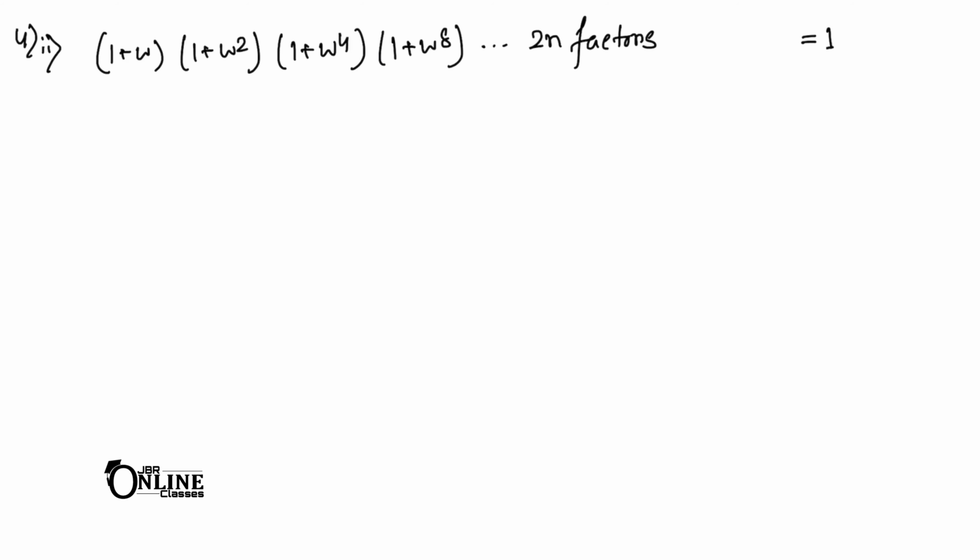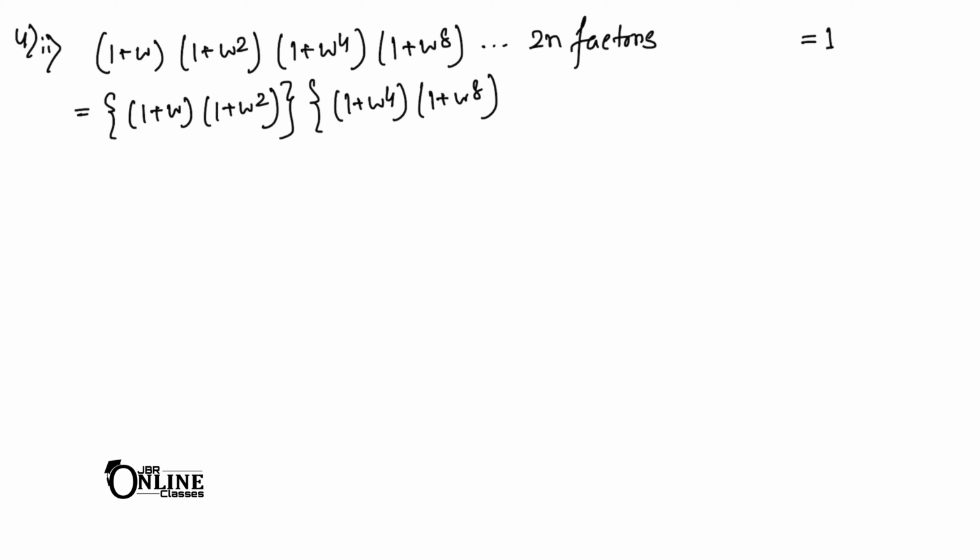So as here 1 plus omega, you can arrange this one in this way, 1 plus omega into 1 plus omega square. And the second one you can arrange 1 plus omega to the power 4 into omega to the power 8 dot dot dot up to 2n factors. Okay.